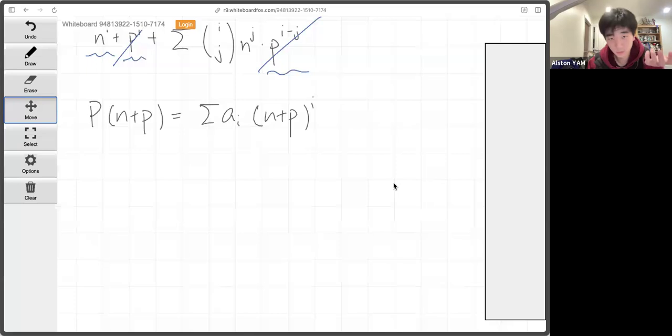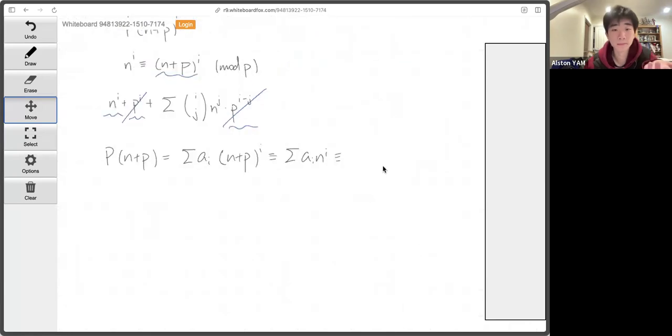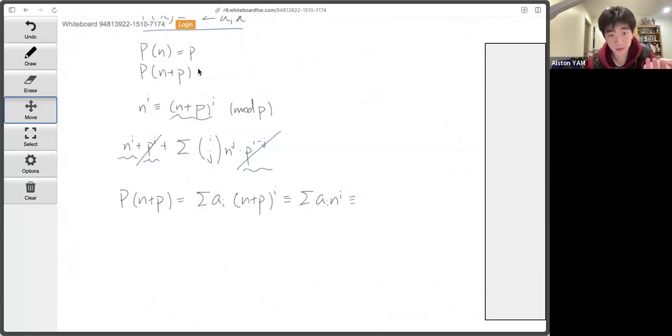And we know that this thing will be congruent to a_i times n to the i, right? And that will be congruent because we already know that is our definition. So that will be equal to P of n. And that is equal to p, our small prime p, under mod p.